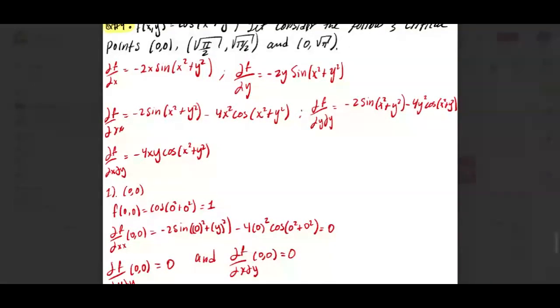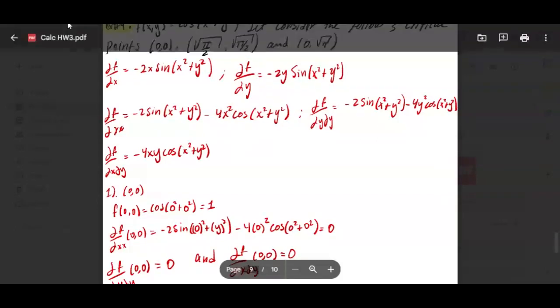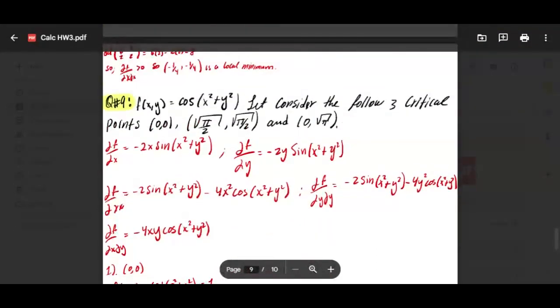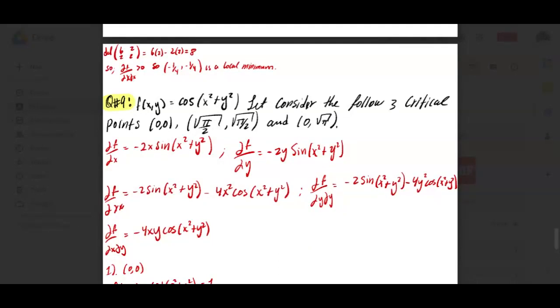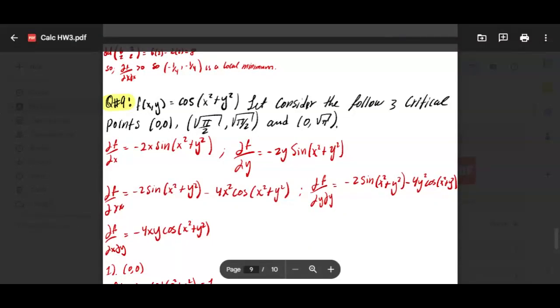In section 3.3, we learned about maximas and minimas, and question 9 is asking us to consider our three given critical points, which are given here. Does everybody see my screen? Yes. All right. Okay.